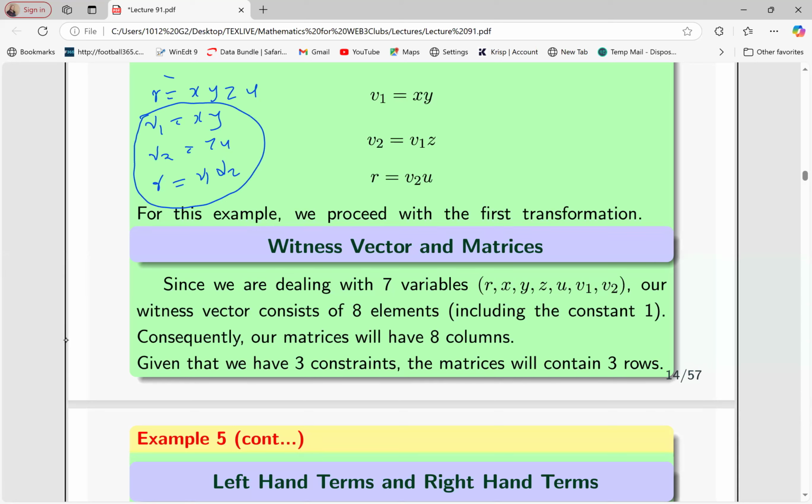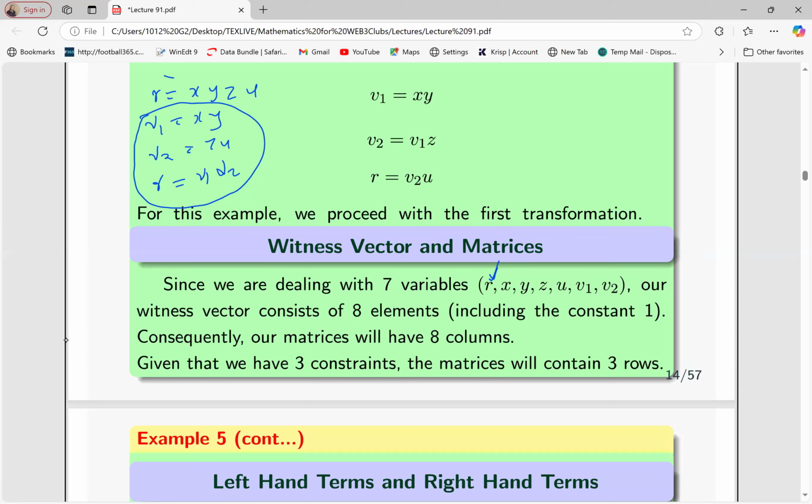Now from these constraints, we come up with a witness. And just before I add one, I can see there is an R. If this person is to claim to know R, he must give us R, not the exact R that is hiding, because the exact R is supposed to be secret.